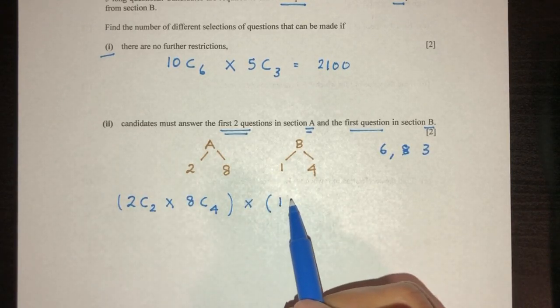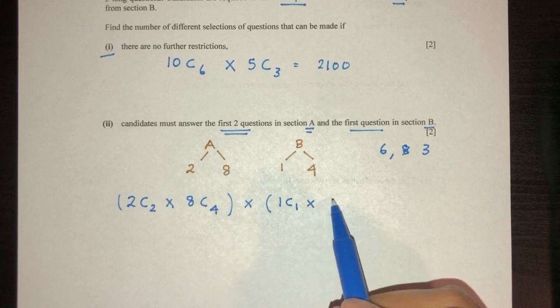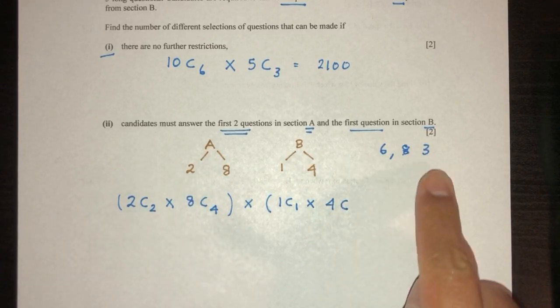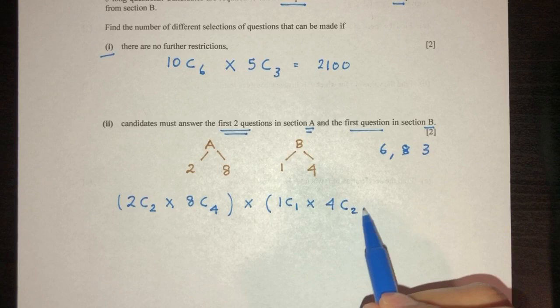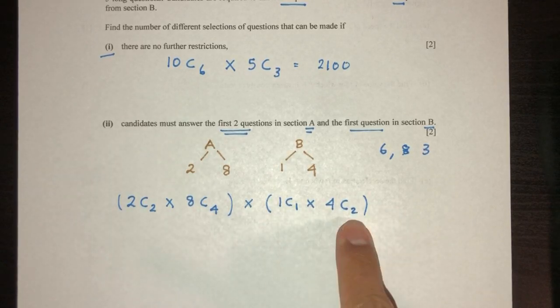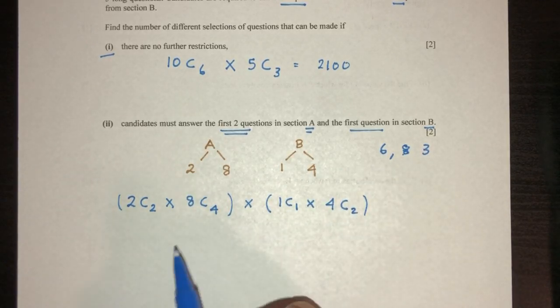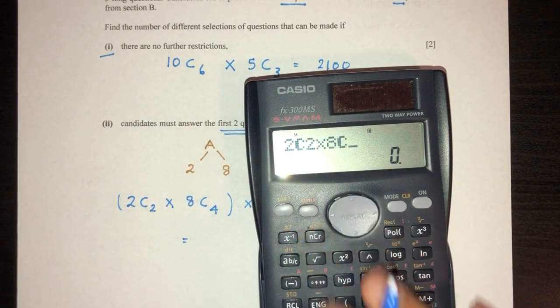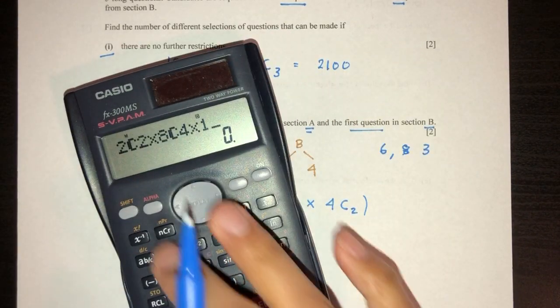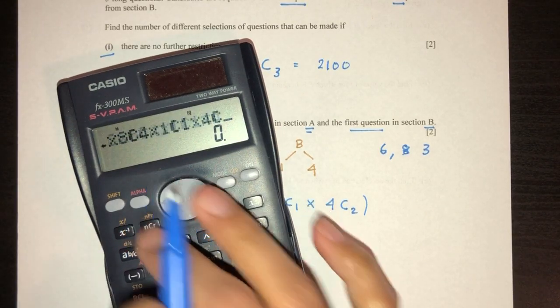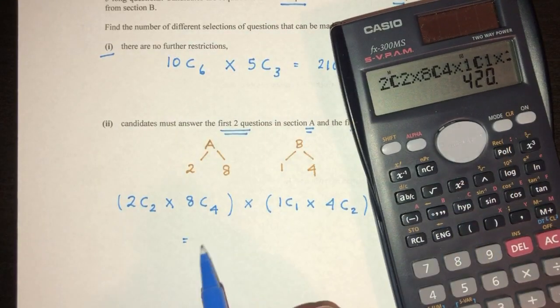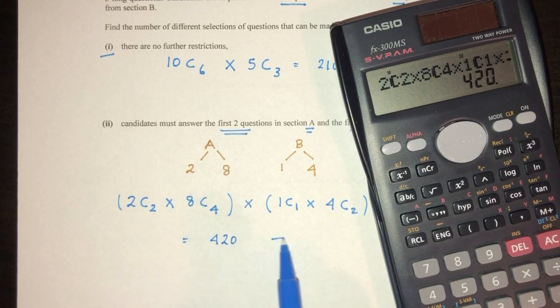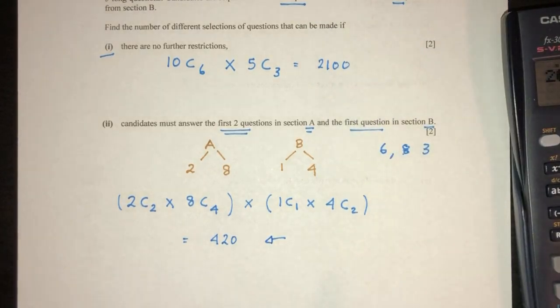We don't have a choice, so 1 choose 1. And then from the remaining 4, we have to choose 2, because we need 3 questions from B. 1 plus 2 is 3, so we need 3. So that is your answer. 2 choose 2, times 8 choose 4, times 1 choose 1, times 4 choose 2. That will be 420. Okay, that will be your question number 5.